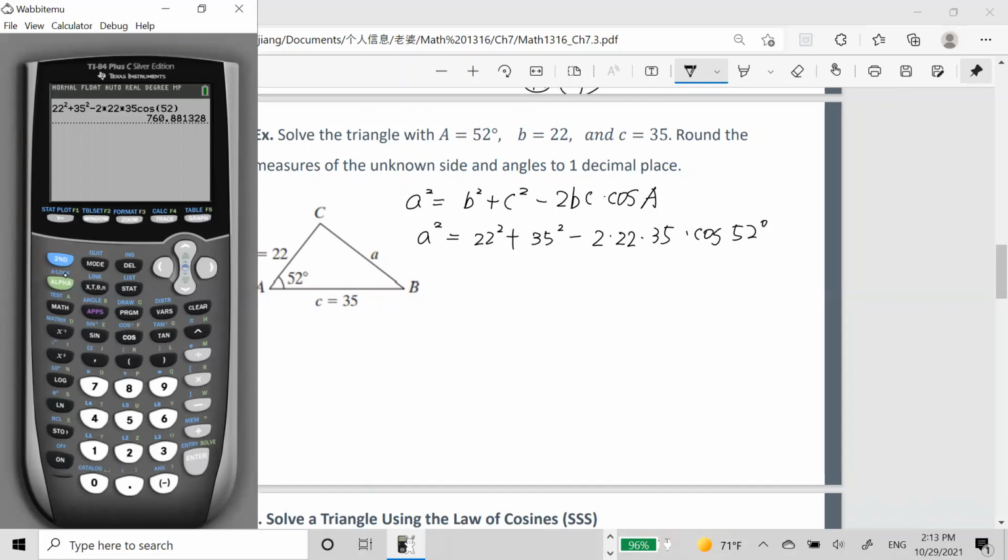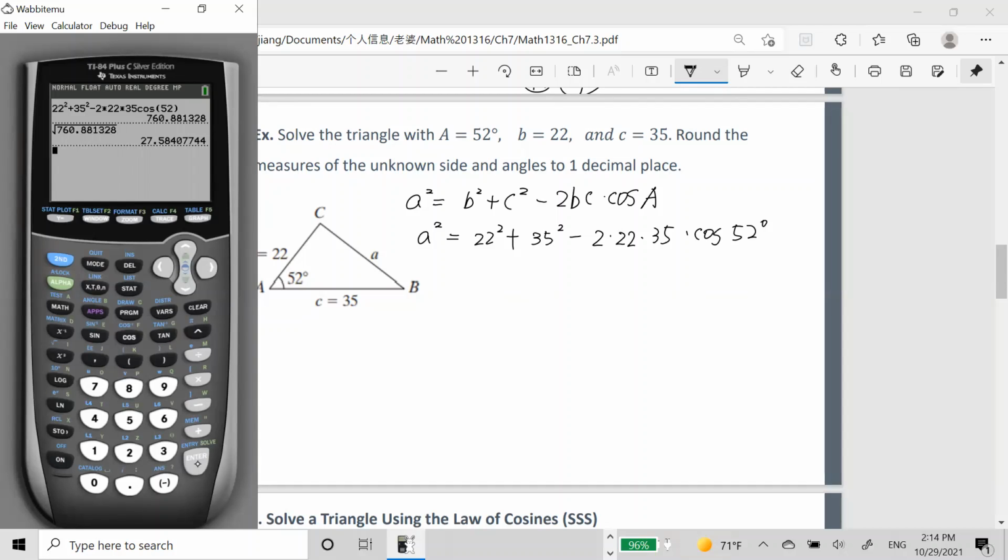I need to click second and this button to take the square root. So second square root, and then highlight the result we have found in the previous step, and hit enter. The number goes under the square root, and then hit enter again.